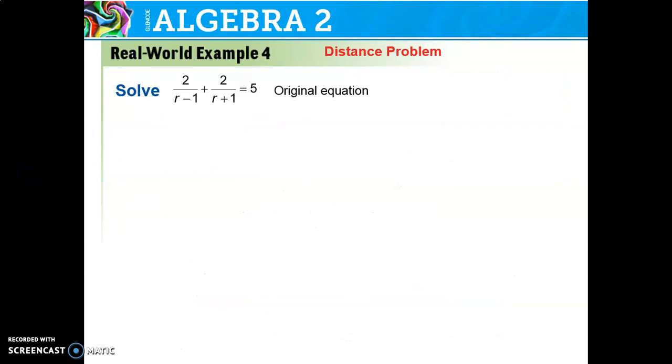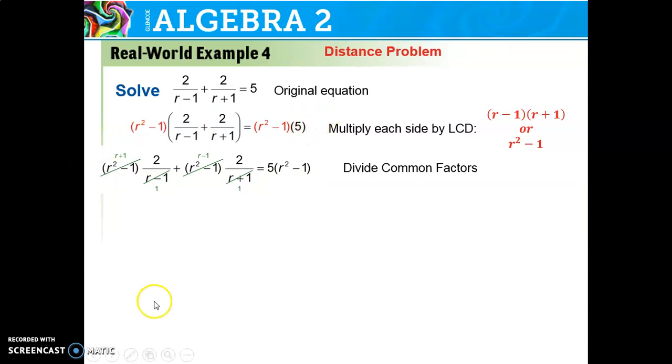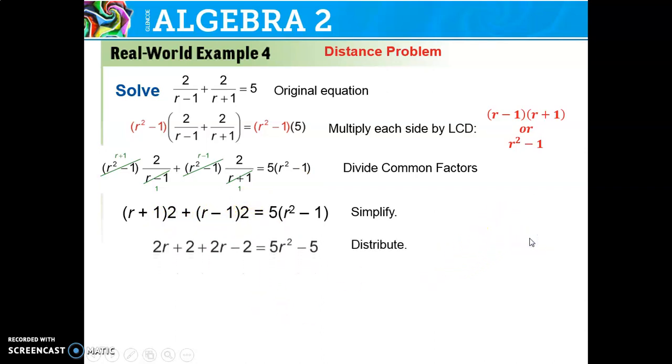So then we can solve this equation by multiplying by the LCD of r minus 1 times r plus 1, or r squared minus 1. So that means that r minus 1 will cancel out, and the r plus 1 will cancel out in the two fractions. And when we simplify, r plus 1 times 2 plus r minus 1 times 2 equals 5 times r squared minus 1. And then we can distribute.